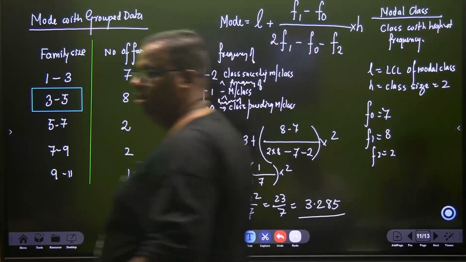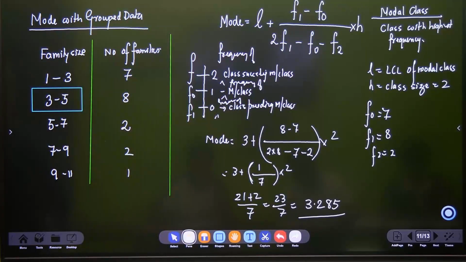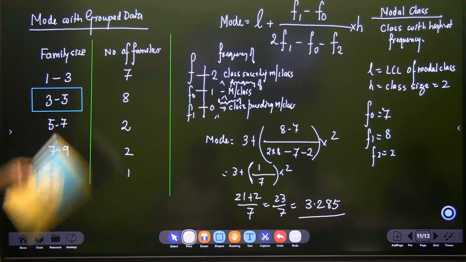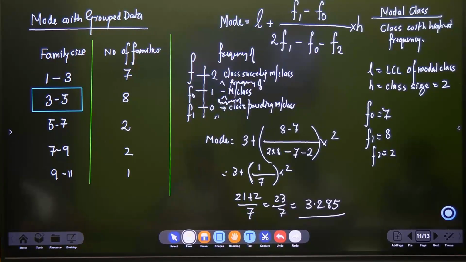Clear? 2 is the class size. 2 को आप भूल नहीं सकते, 2 को हमेशा यूज करना है, द क्लास साइज.